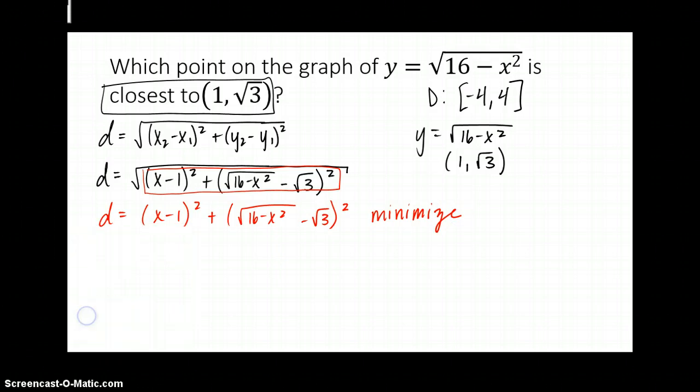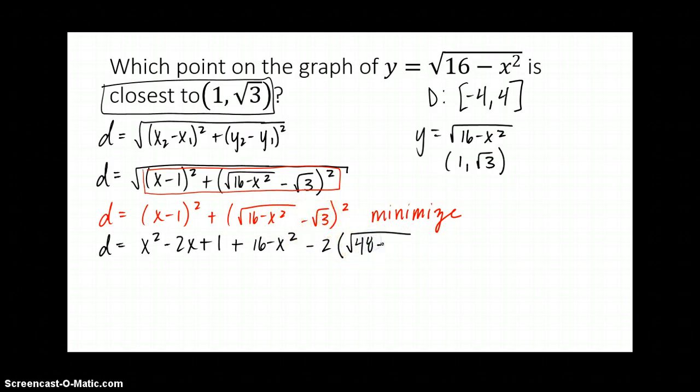Okay, so then let's continue the steps. Find the derivative. So first I'm going to expand this as much as possible. So expanding a binomial, square the first term, double the product of the two terms, square the last term. Using that same reasoning, square the first term, double the product of the two terms. Alright, when I'm multiplying two radicals, I can multiply what's underneath.